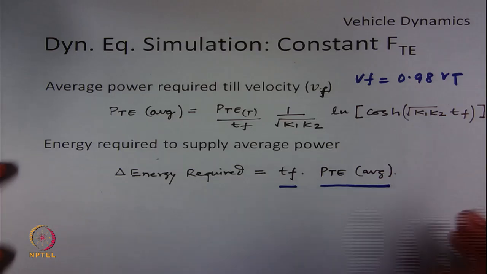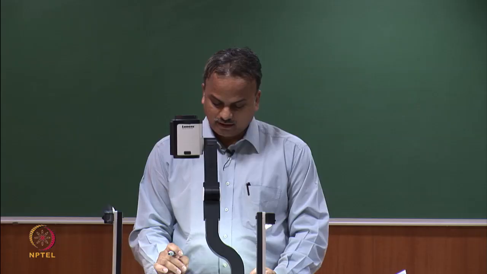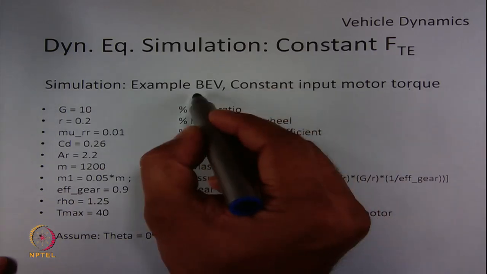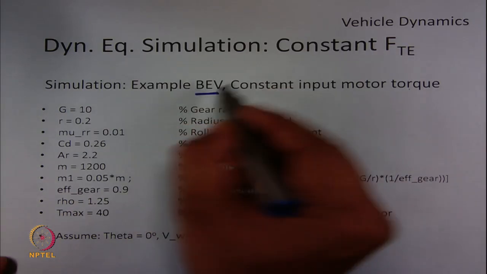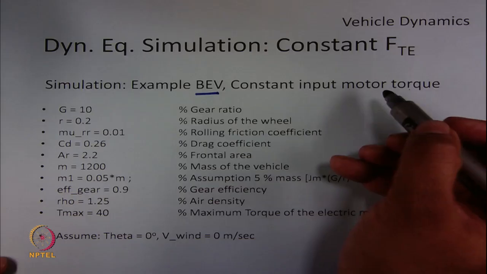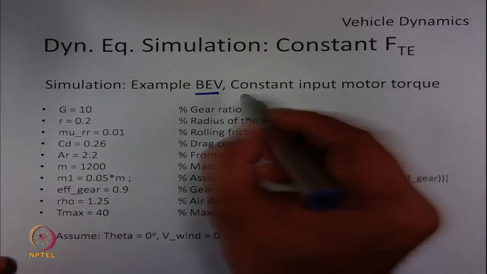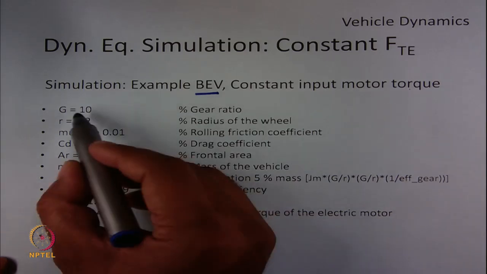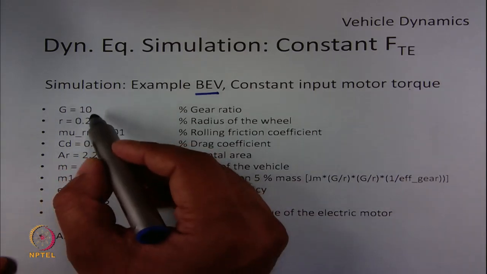So let us take an example and calculate all these variables. Let us take the example of a battery electric vehicle which is given a constant input motor torque. So, let us assume that the gear ratio is 10:1.